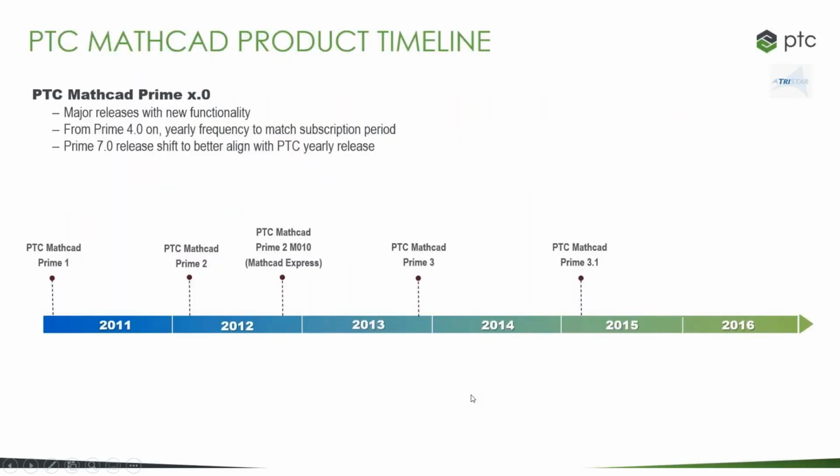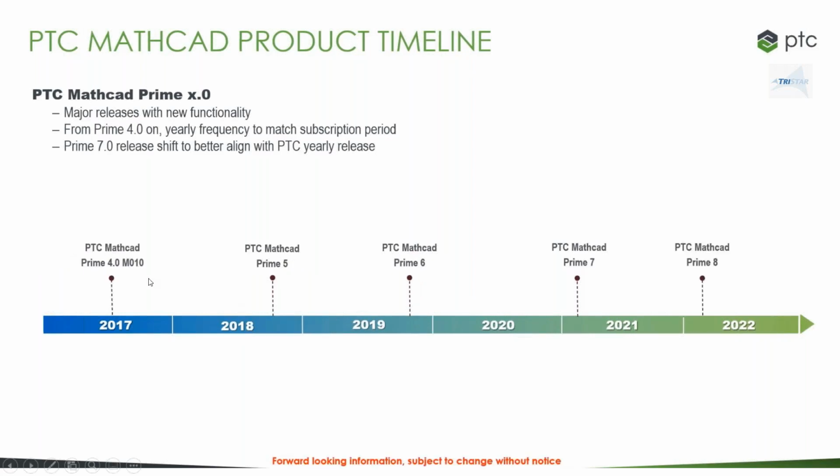Right, so a brief timeline. Mathcad Prime started about 10 years ago, in 2011. This is when PTC overhauled Mathcad and came out with Mathcad Prime 1. A lot of people stayed on Mathcad 14 or 15 at this point. This is where they did the initial overhaul of the ribbon interface. Mathcad Prime 2 through 3.1 really filled in some of those major gaps.